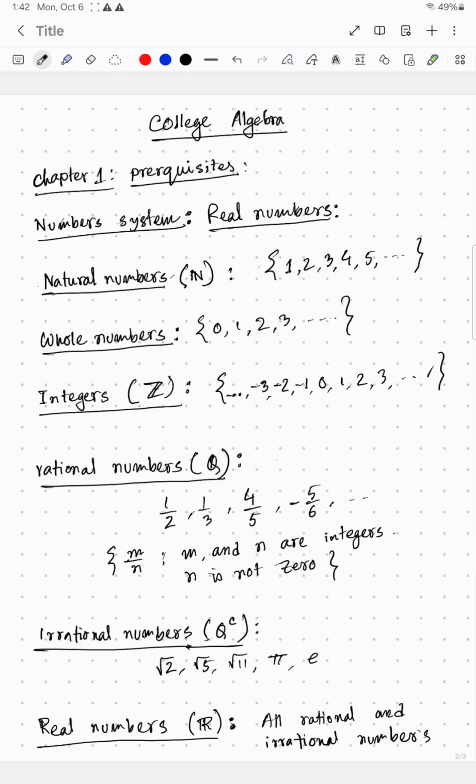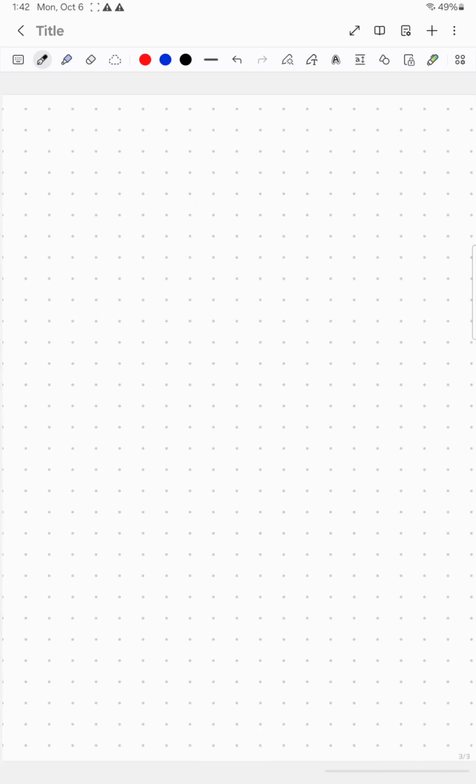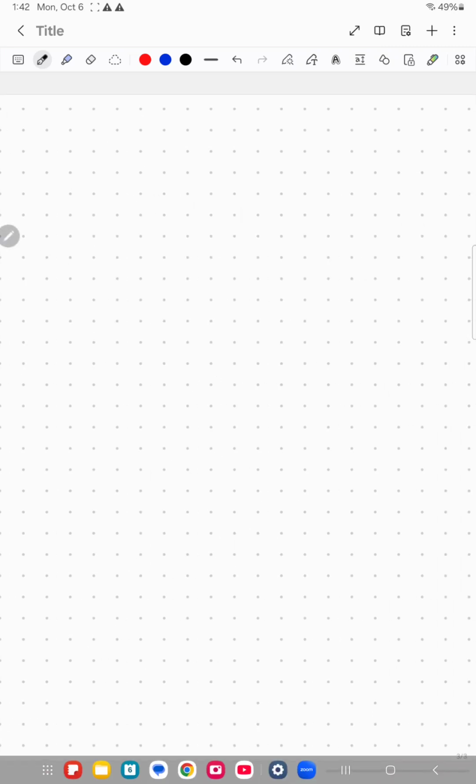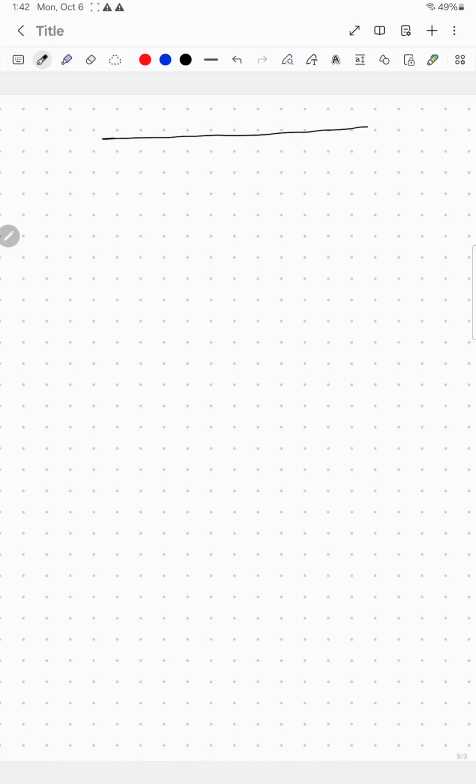So how do you show real numbers? The graph of real numbers looks like a straight line. It starts with 0, then 1, 2, 3, and it goes on and on. On the right side we have positive infinity. On the left side we have -1, -2, -3, and negative infinity.